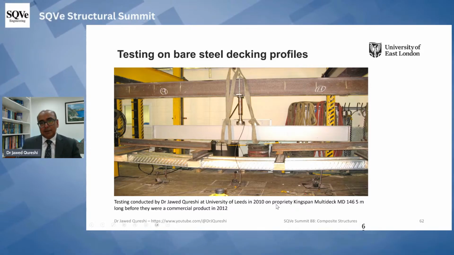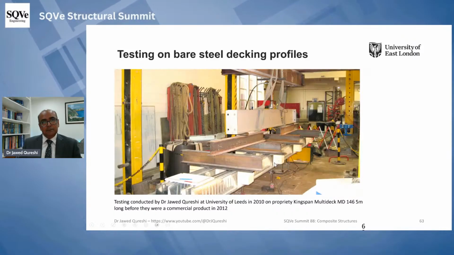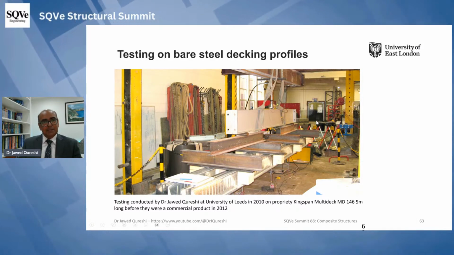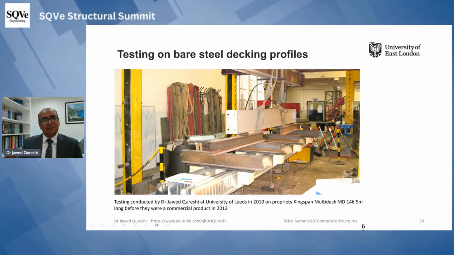And this was proprietary decking, so it was not a commercial product back in 2010. And this was a test setup. So we applied this loading, this 5 meter in this direction. University of Leeds, where I did my PhD from, they had giant facilities, so we were able to test lots of things.